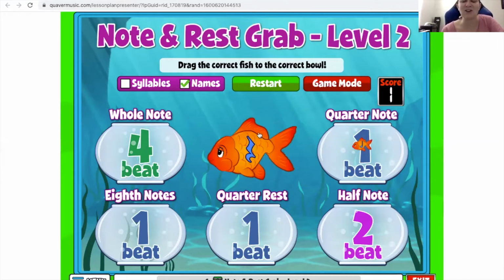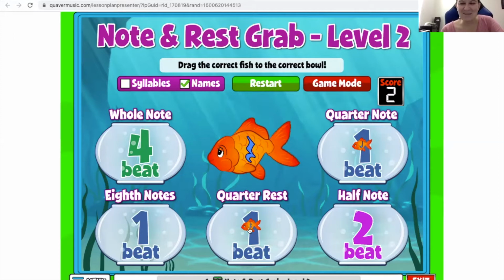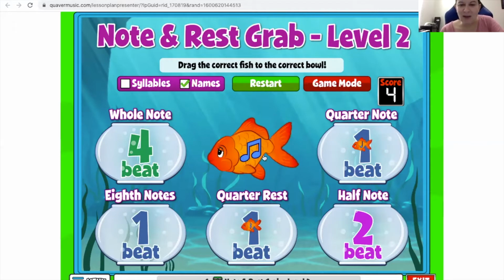We have our squiggle, my favorite. Here is our quarter rest. Oh, it's the same one. I never know which fish is going to pop up. So here's our quarter rest again. Oh my goodness, they really like quarter rests. Here's a new one. This is our buddies, our TT. This is going to be our eighth notes. They really like quarter rests today.